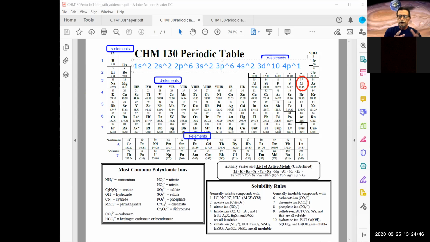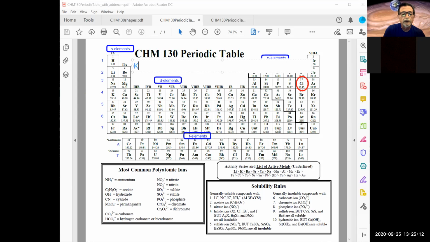Okay, so you can use the periodic table very quickly to figure out the electron configuration. Now, there is a shorthand way to do the electron configuration, and you're more than welcome to use this shorthand way. If the question doesn't state, do not use shorthand, then you're more than welcome to use shorthand.